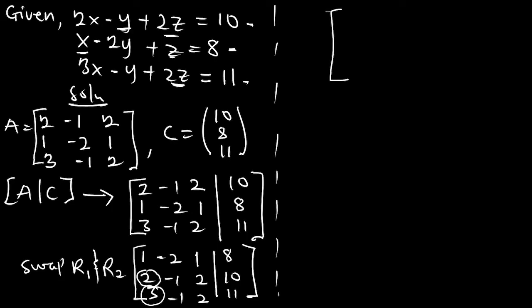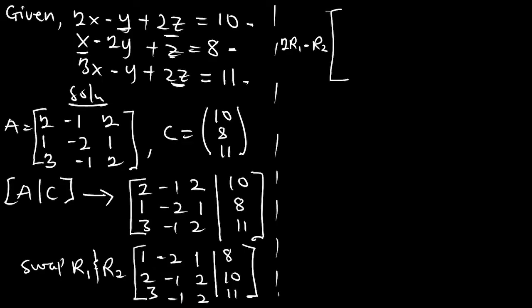So what do I do? I have to apply a certain operation. I'm going to perform an operation on row 2 and row 3. So on row 2, I'm going to use this formula, 2 times row 1 minus row 2.